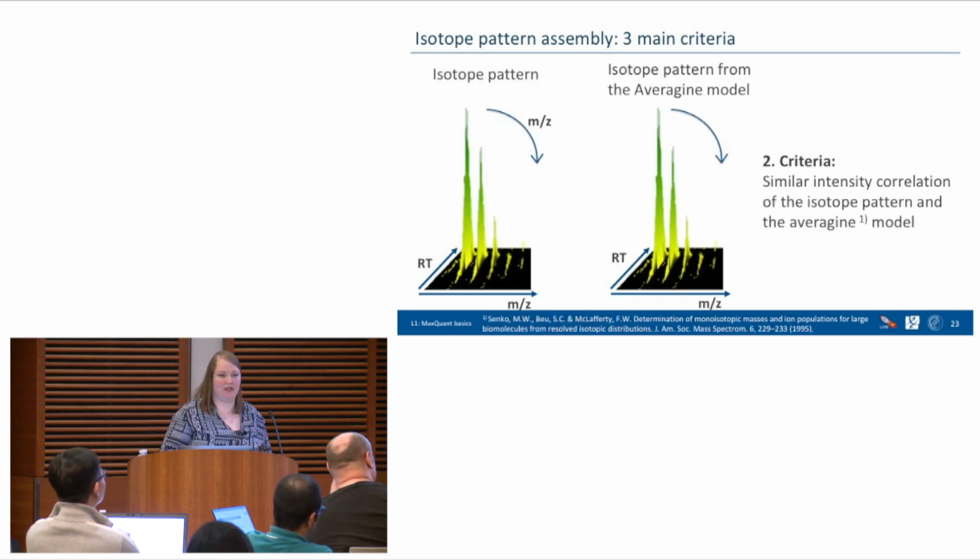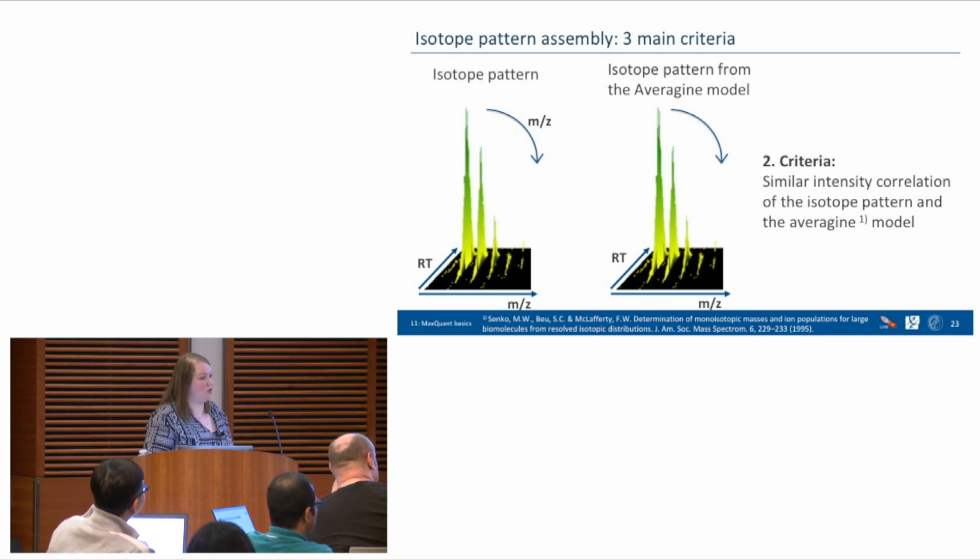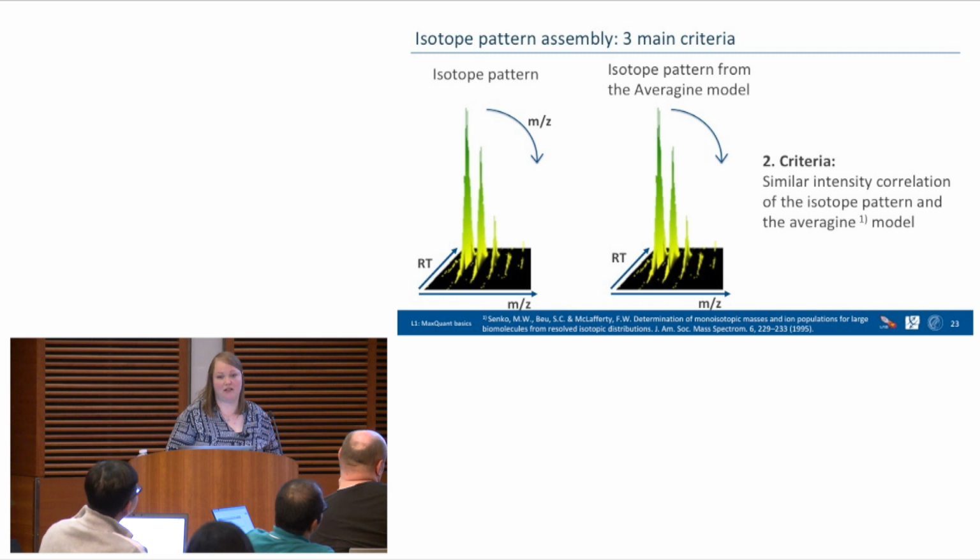For a peptide, the average elemental composition is roughly the same, even though the sequences are different. This allows us to model a distribution, and here we apply the averaging model. Based on that, we calculate a model from the monoisotopic peak of the measured one, and this is quite accurate. This allows us to compare: is what we measure really similar to the model?